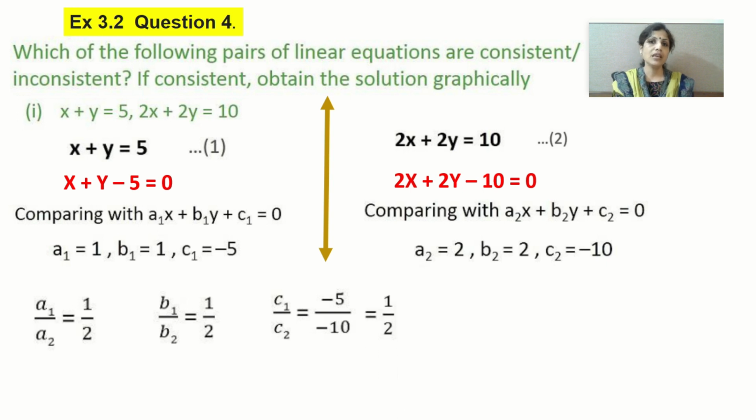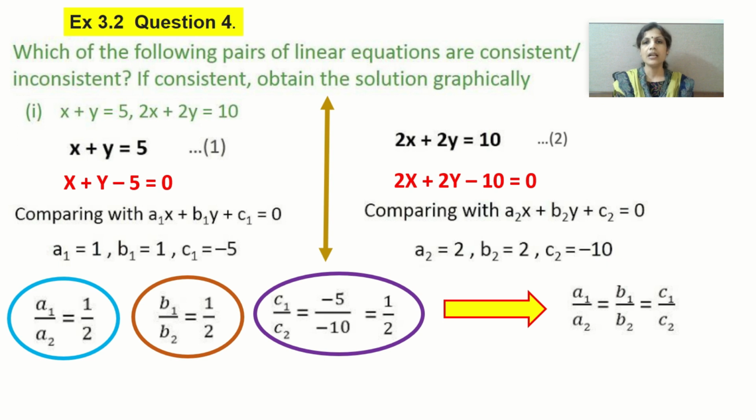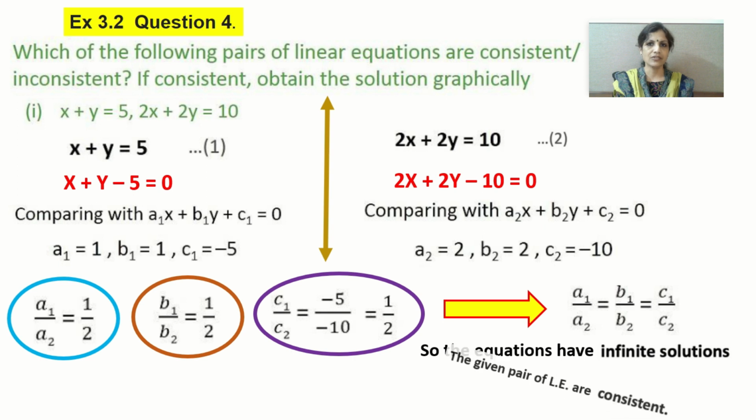So if you see all the three ratios, we come to know that all the three ratios are similar, and hence a1 upon a2 is equal to b1 upon b2 is equal to c1 upon c2, and this shows that the equations have infinite number of solutions. Since they have solutions, so this equation is consistent.